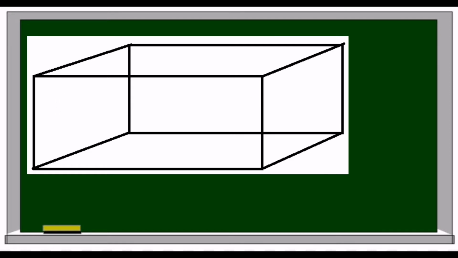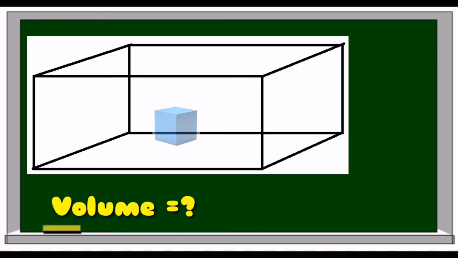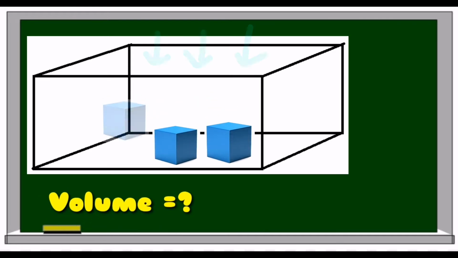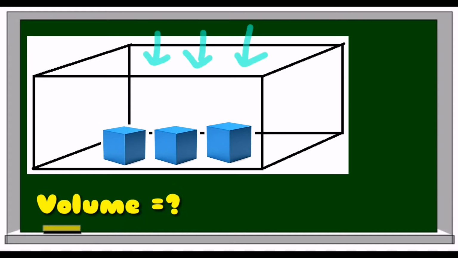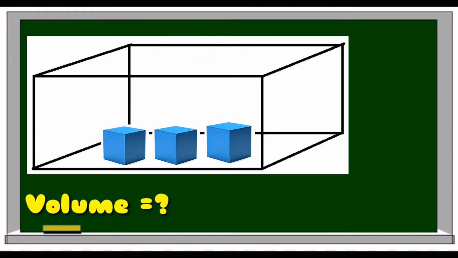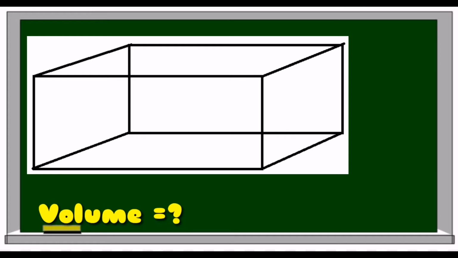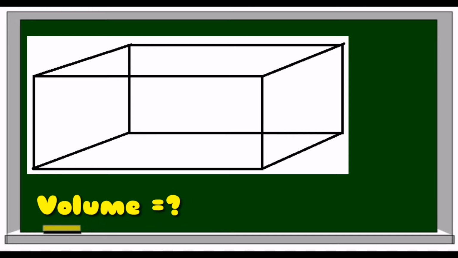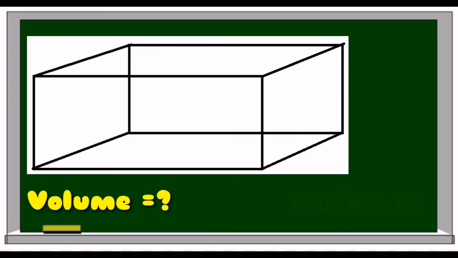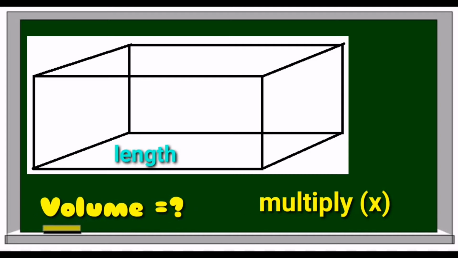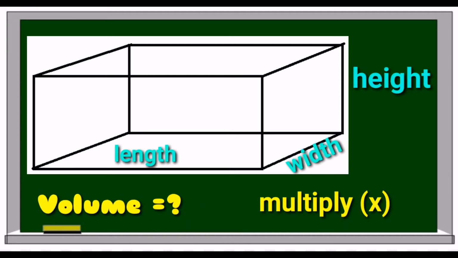Now, how to find its volume? There are two ways to find the volume of a rectangular prism. To find the volume of the swimming pool, we have to determine the total number of cubes that can fit in the swimming pool. The second one, to find the total number of cubes or volume in a rectangular prism, we have to multiply the length, the width, and the height.